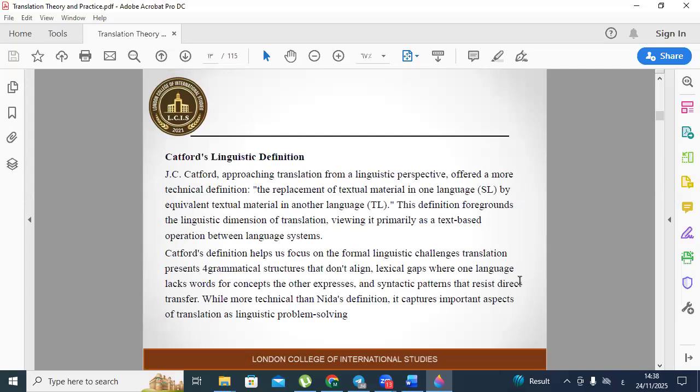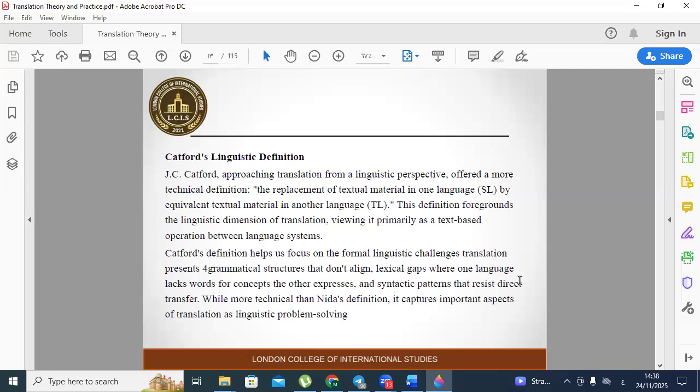Catford's linguistic definition. J.C. Catford, approaching translation from a linguistic perspective, offered a more technical definition: the replacement of textual material in one language (SL) by equivalent textual material in another language (TL). This definition foregrounds the linguistic dimensions of translation, viewing it primarily as a text-based operation between language systems.